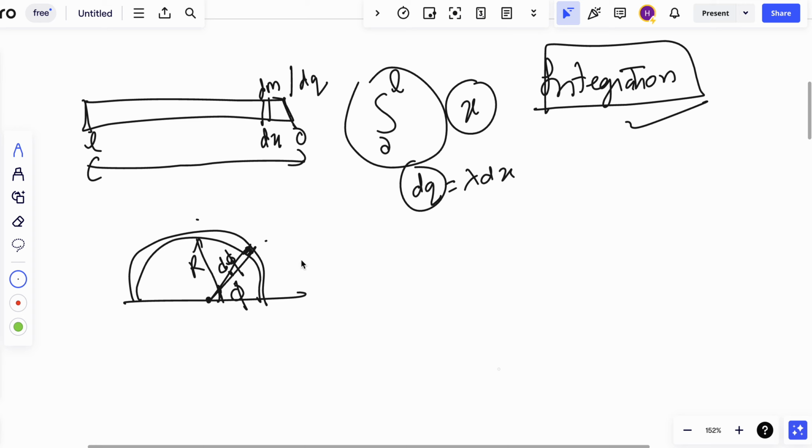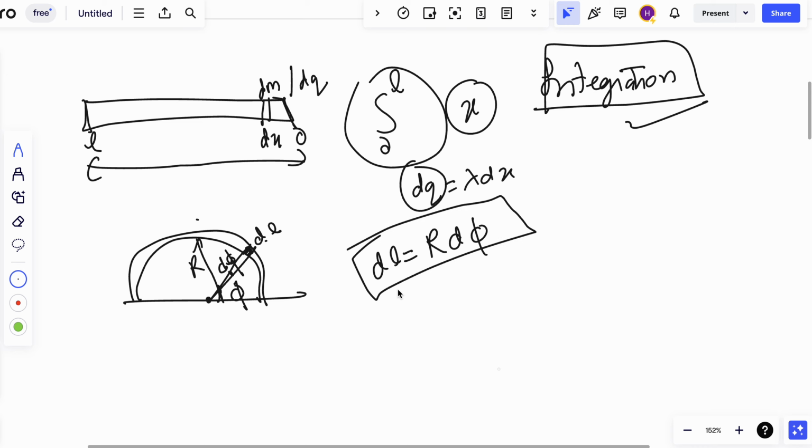And this is the length I want here, dl. So how do I find this element? dl is equal to r times d phi, because this is the length of a sector. dl is equal to radius times the angle. So this is the angle d phi, so it is radius times d phi. This is the dl element here, r times d phi.